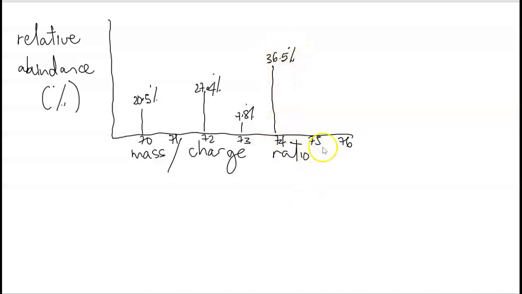And 75, we have another 7.8%, not drawn to scale. So percentage abundance should be out of 100, so the total should be 100%. What we will use this data to do is to calculate our relative atomic mass, Ar.